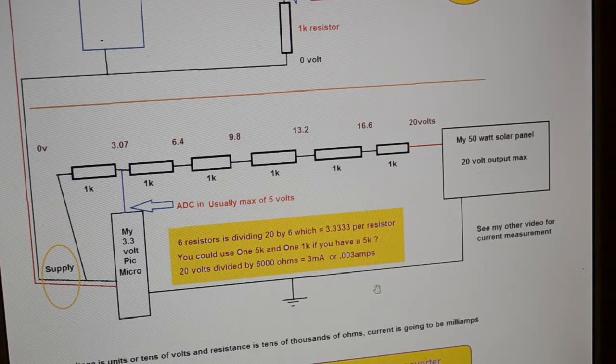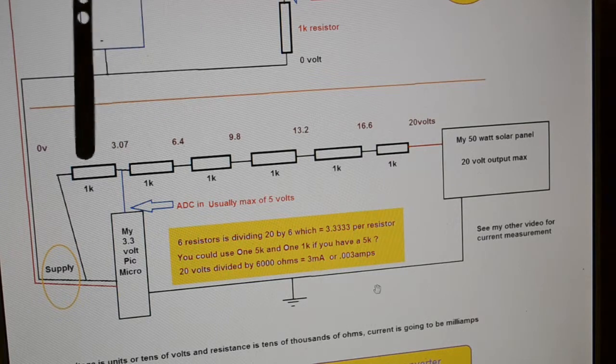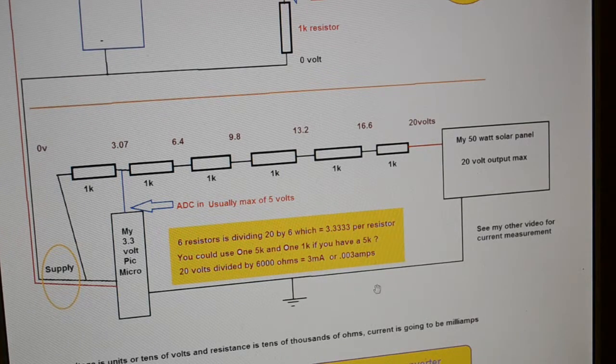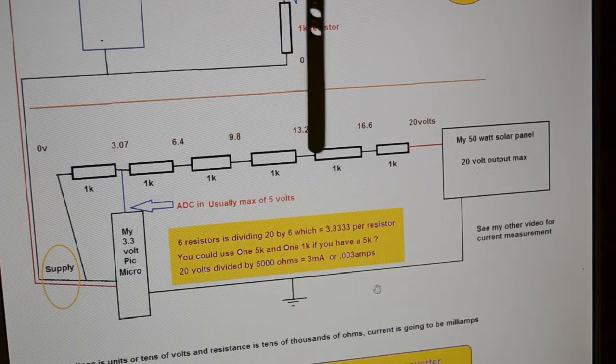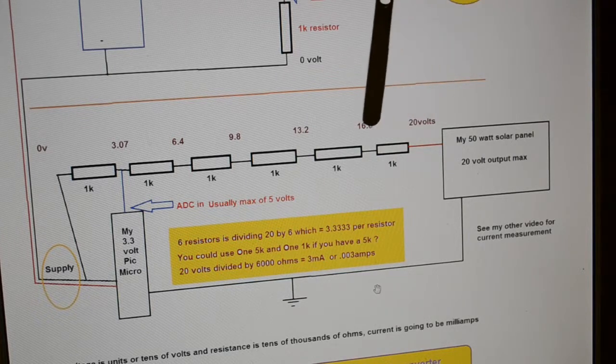So what I've done here to simplify the divider, and for tutorial purposes, I want to get 20 volts down to no more than 3.3. I had some 1K resistors. I thought I'd put 6 of them in series and you're dividing it by roughly 3.3.